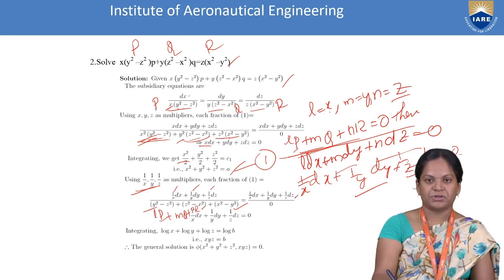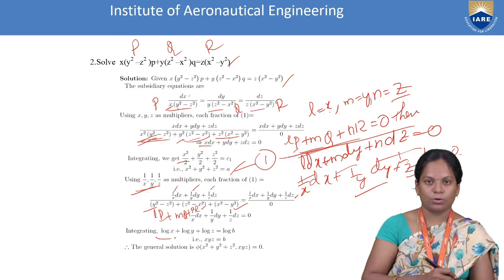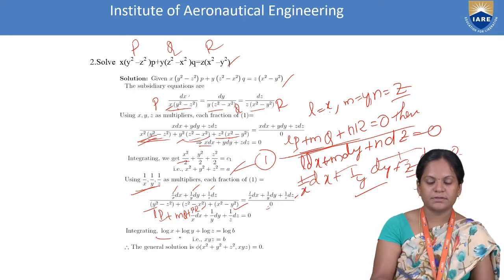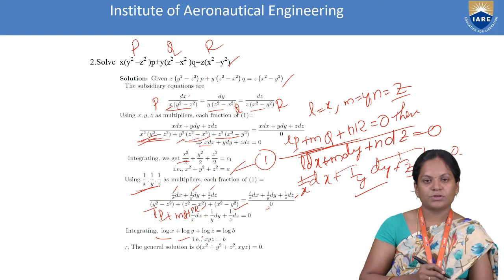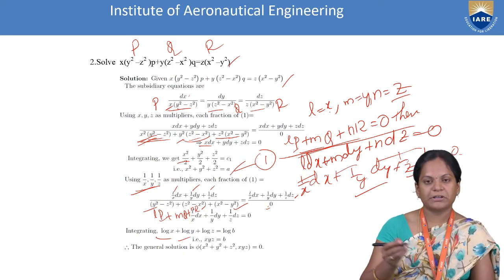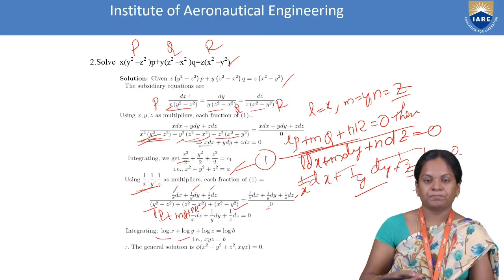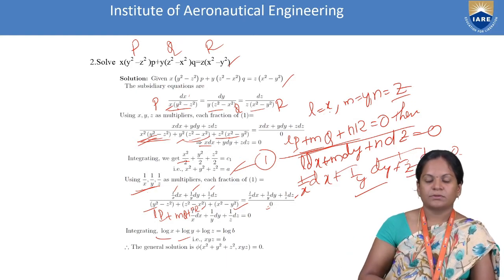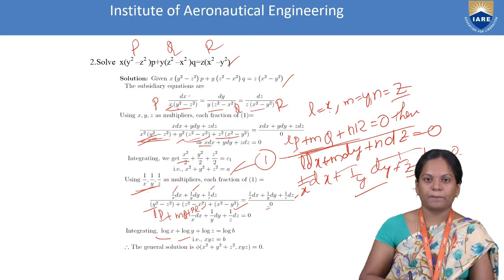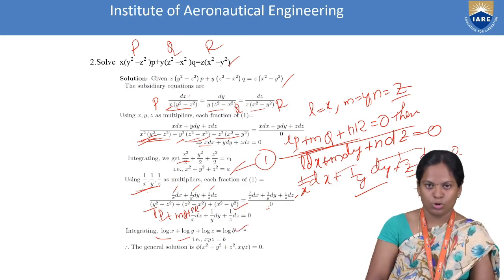So after integration, 1 by x gives log x, 1 by y gives log y, 1 by z gives log z, and equal to some arbitrary constants after integration. Here I am taking log a plus log b plus log c form. What is log a plus log b? Log ab.